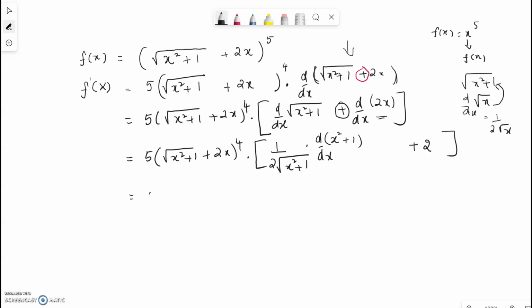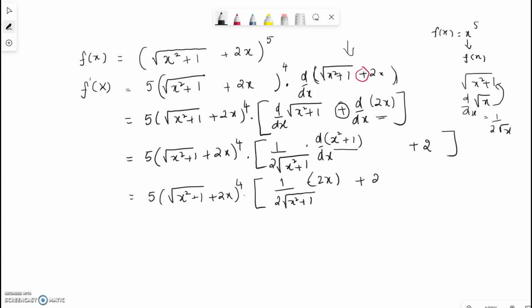So this is equal to 5 radical x squared plus 1 plus 2x to the fourth power times 1 over 2 radical x squared plus 1 remains as it is. Now we have to find the derivative of x squared plus 1. So that is 2x plus 0.